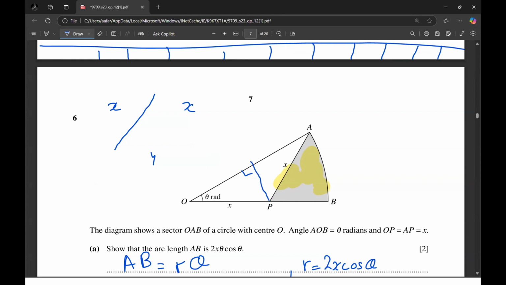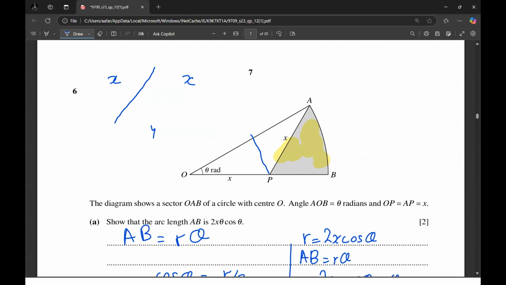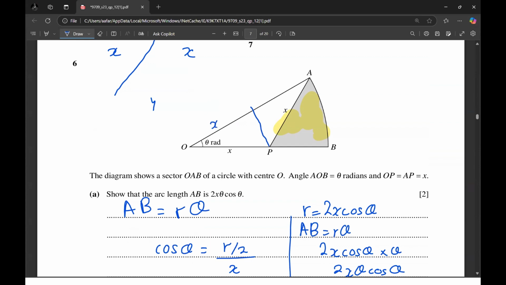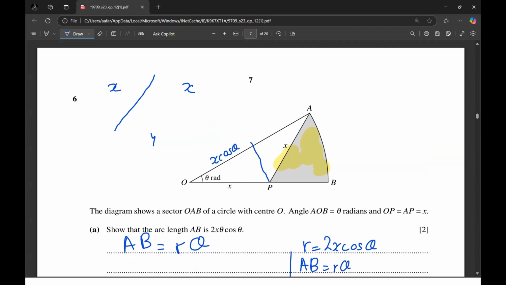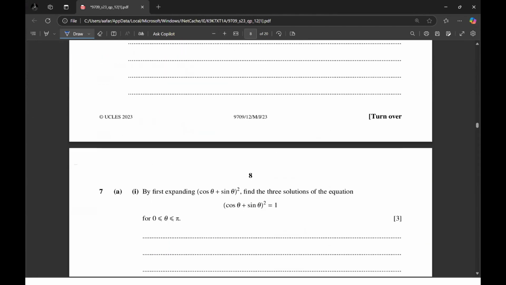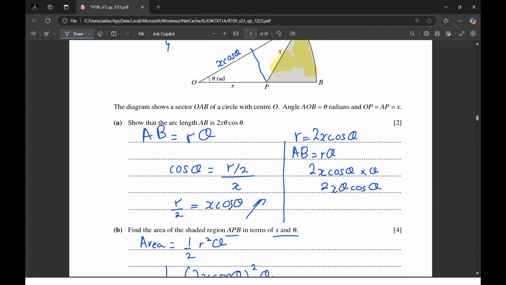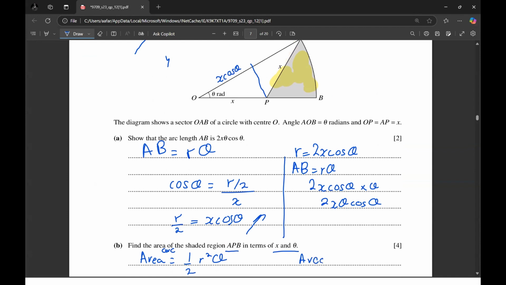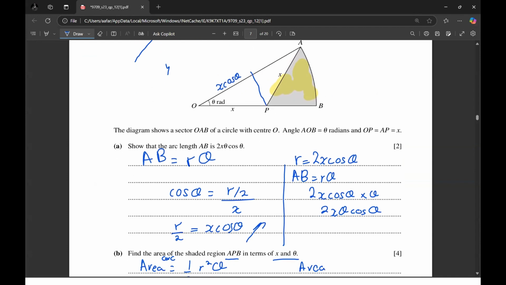So we know that this was x cos theta, right? This length over here is, okay. So area of the isosceles triangle: let's say this half, right angle triangle OXP.